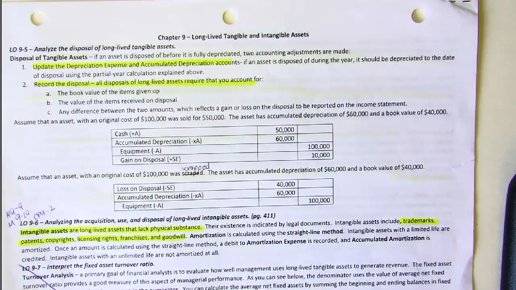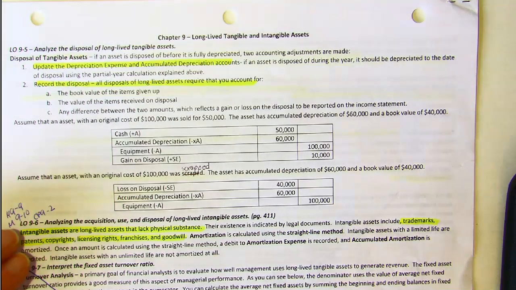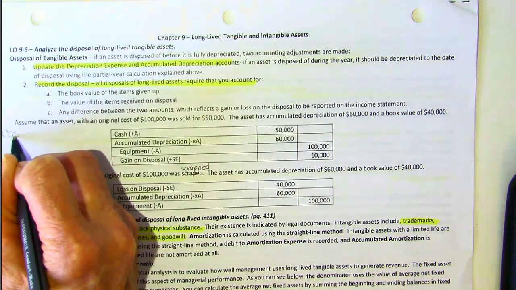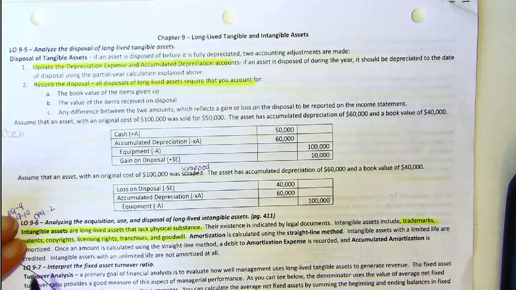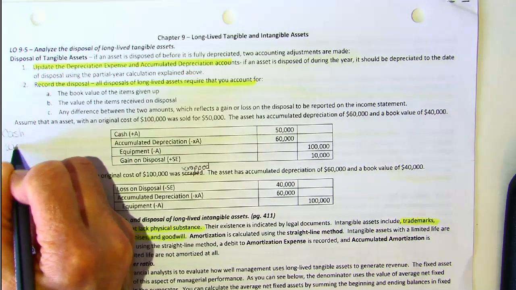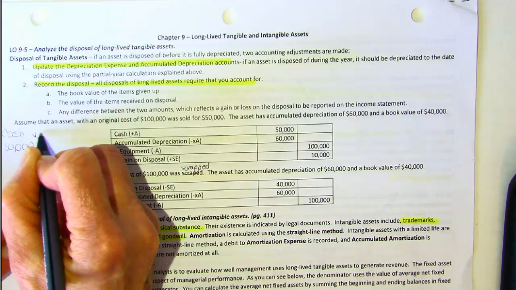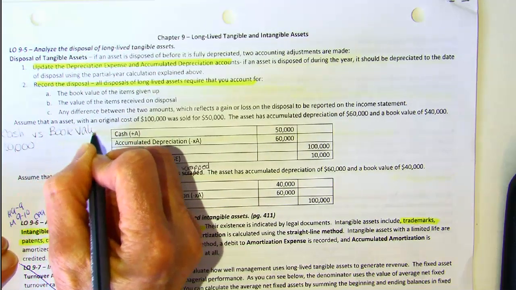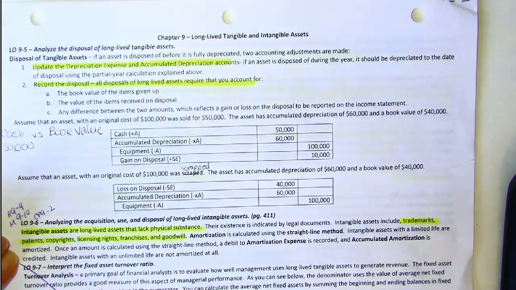So in our example, assume that an asset with an original cost of $100,000 was sold for $50,000. So let's compare the cash that you're receiving. Cash received was $50,000. And you're comparing that to the book value of the asset that you were selling.